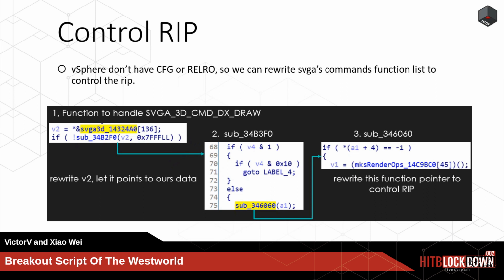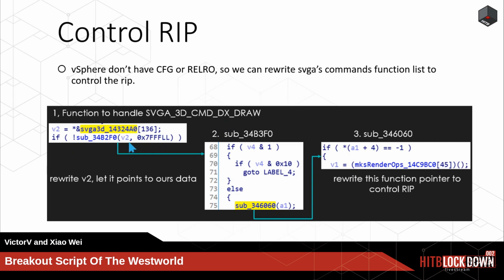Here is a sample of controlled IP I used before. In the SVGA draw data command handler, it will set v2 from a global pointer. Because we can read and write everywhere, we can control its value.